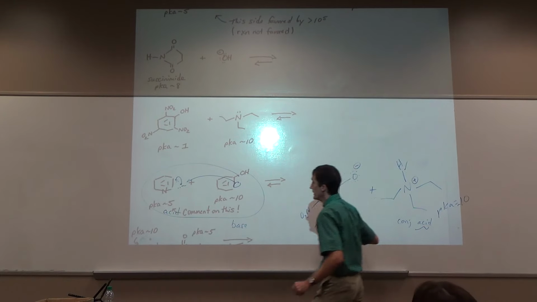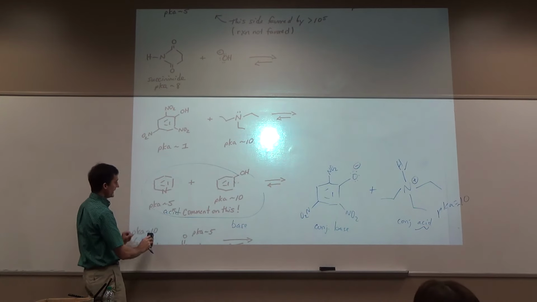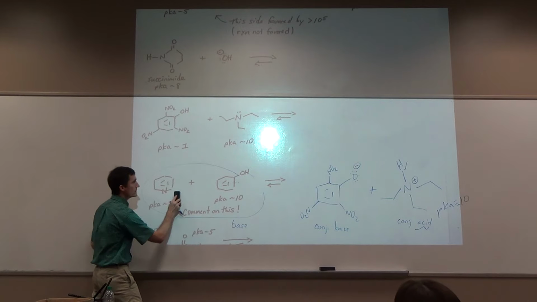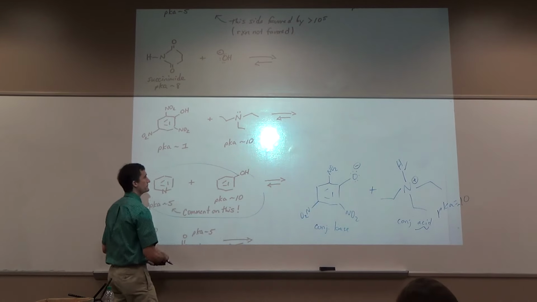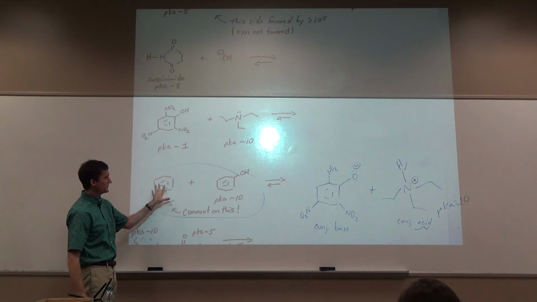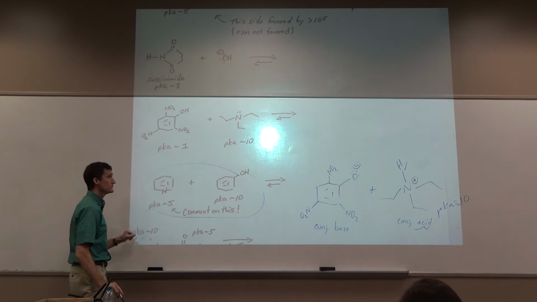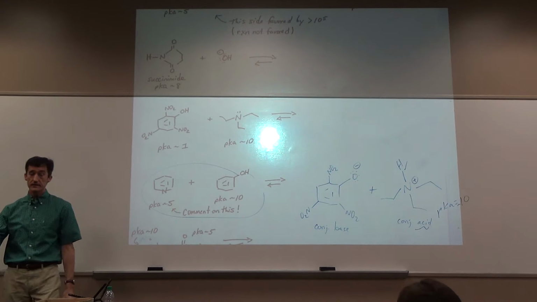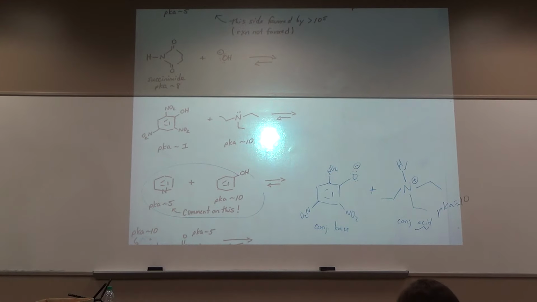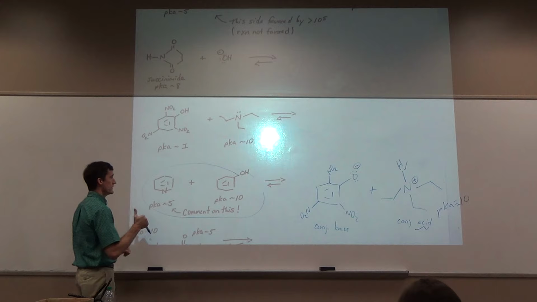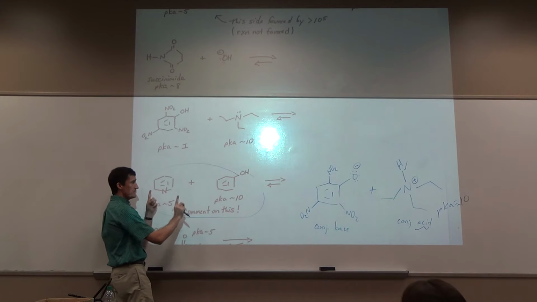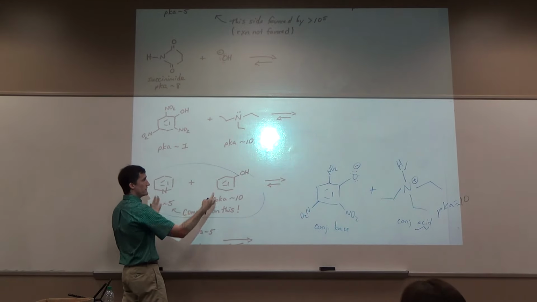Okay, let's try another one. Down here. What's the most acidic H in the circle? Well, you got an OH and the rest are CHs. We talked about how to determine which is more acidic. And you also have to keep in mind, it's everything here.